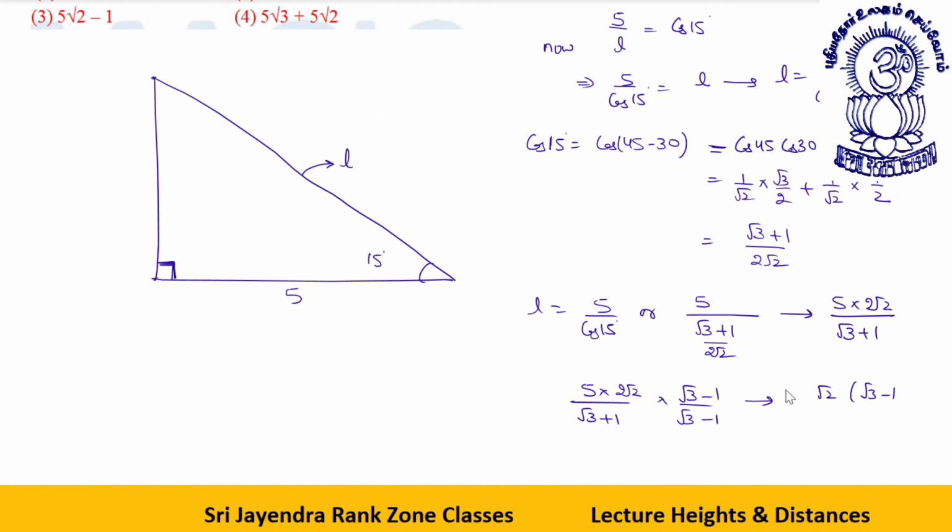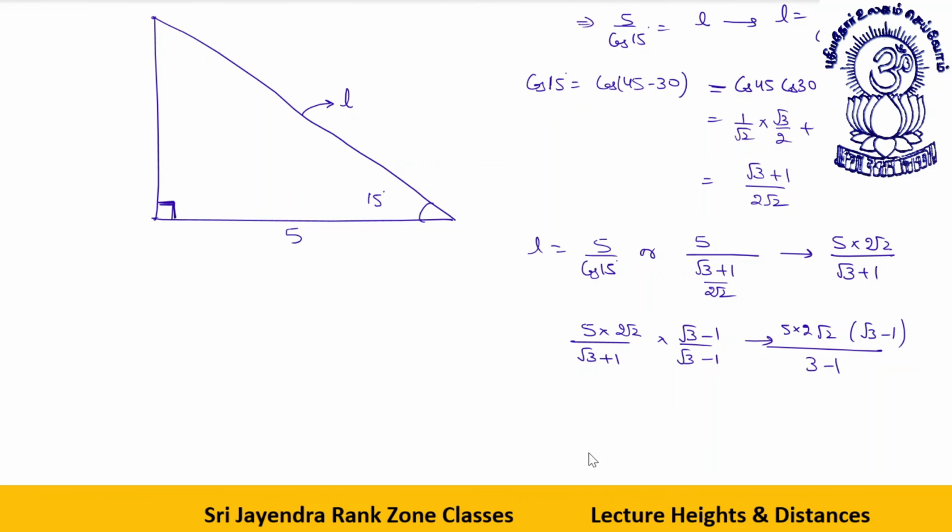This is (a plus b)(a minus b), that is 3 minus 1, so the denominator is 2. So this is 5 into 2 root 2 into (root 3 minus 1) divided by 2. 2 and 2 will cancel. So this will give me 5 into root 2 into (root 3 minus 1).